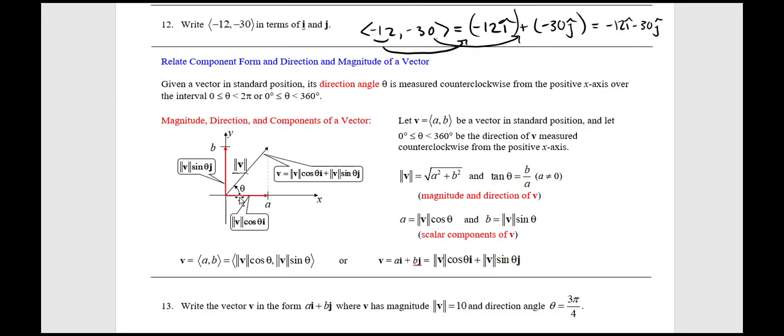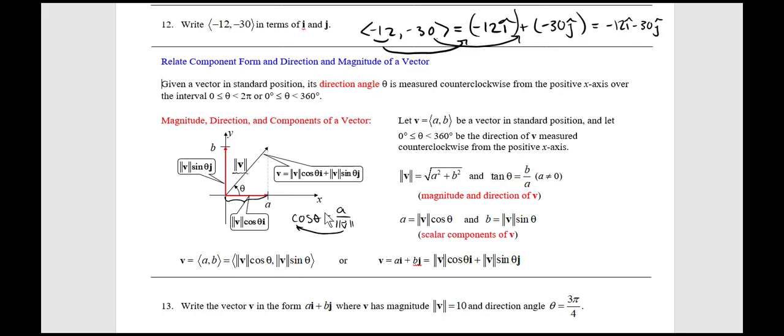Right? This side would just be magnitude of v cosine theta. Right? Let's see. This side here, this a value, well, maybe the easier way to say it is that cosine of theta would have to equal this a value, the length of this guy, over v, over magnitude v, the length of the hypotenuse.